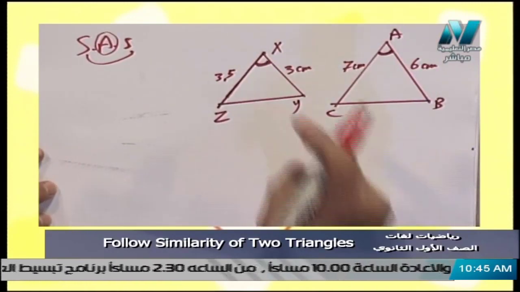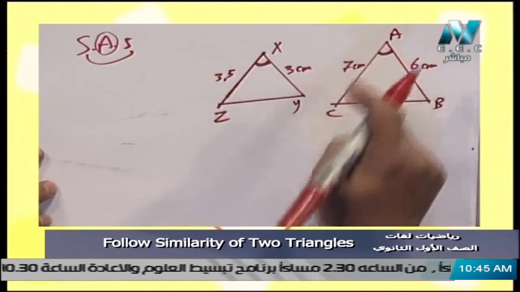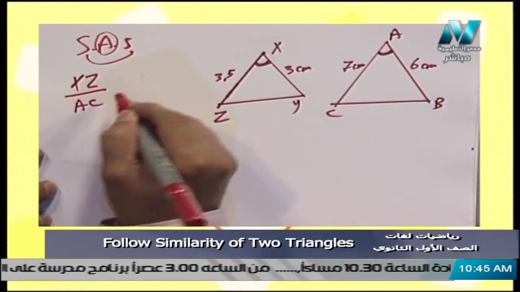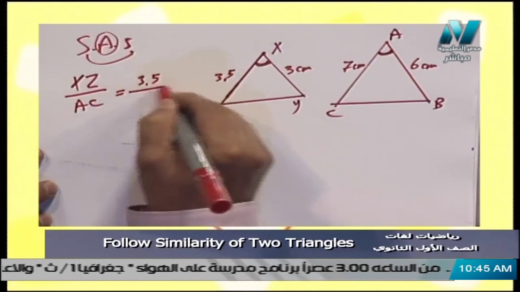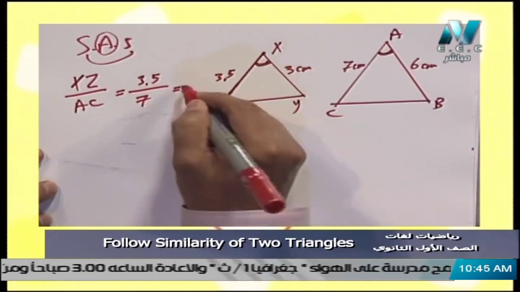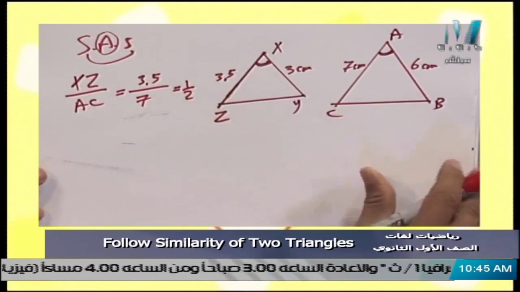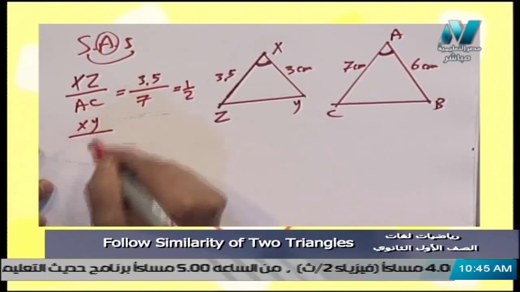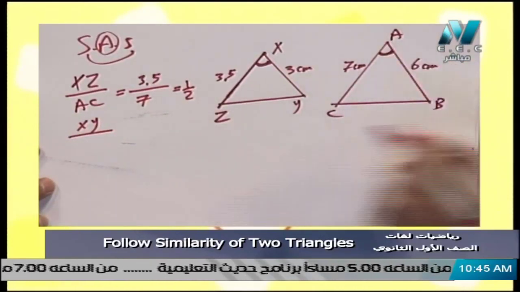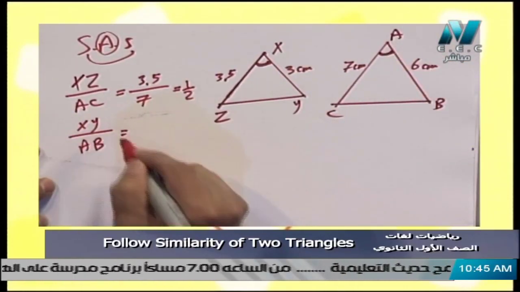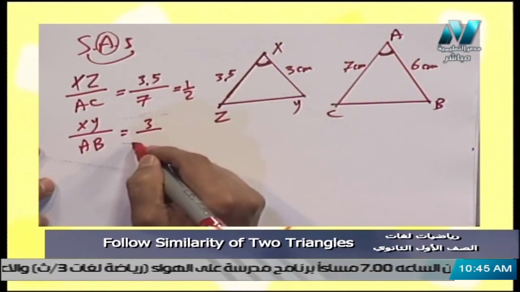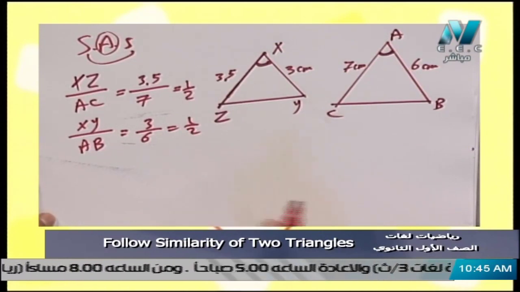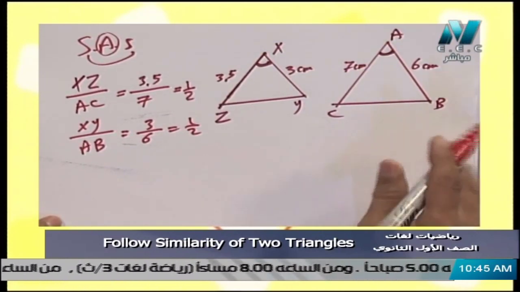If we divide XZ over AC, it will be 3.5 over 7, which is half. This is the first ratio. And XY, if we divide it by AB, then XY equals 3 over AB, which is 6, equals half. So we have two sides that are proportional.